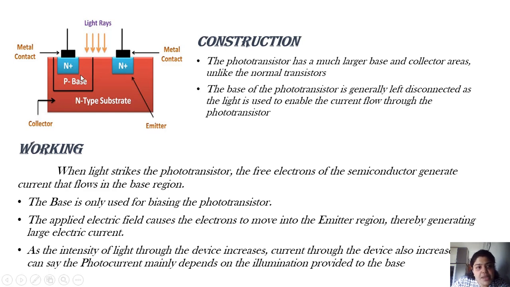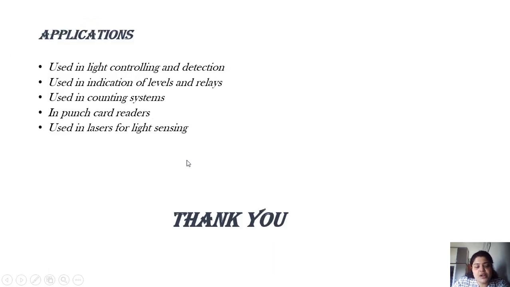Near the junction, in the depletion layer, electrons will be released because of the breaking of covalent bonds, and these electrons will increase the collector current, and you will get a voltage across the collector and emitter. So when light strikes the phototransistor, the free electrons of the semiconductor generate the current that flows in the base region. The base is only used for biasing. The applied electric field causes the electrons to move into the emitter region, thereby generating large electric current.